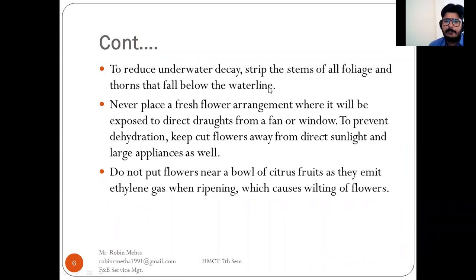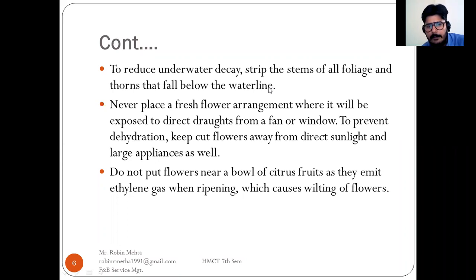Whenever we are doing flower arrangement, or purchasing flowers or cutting flowers from the garden itself, we never put a fresh flower arrangement where there is direct air from a fan or draughts from a window, because it may lose its freshness, the color may fade, or the actual texture or shape of that particular plant may also be lost.